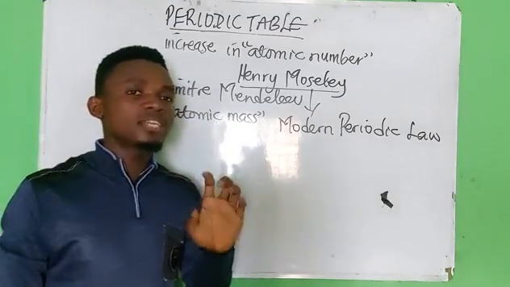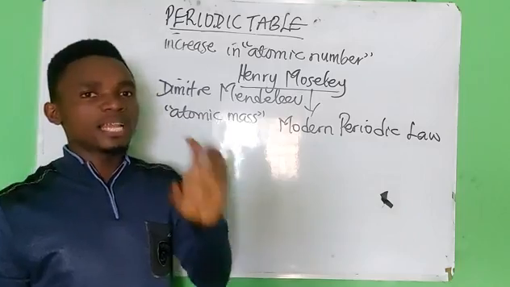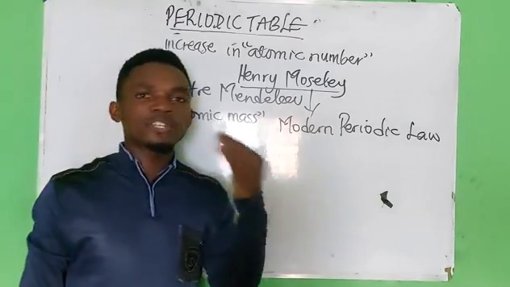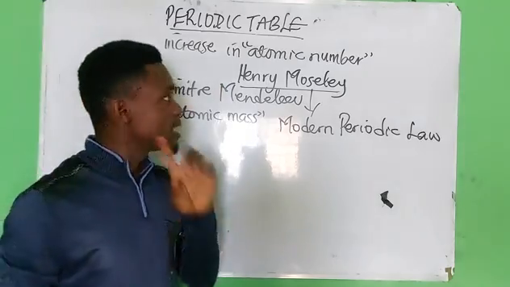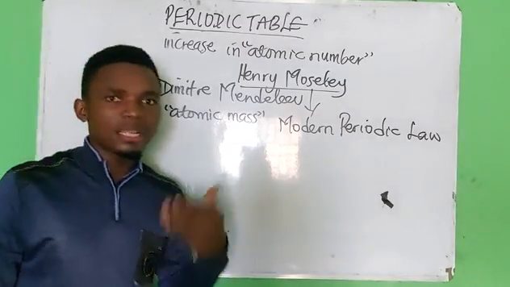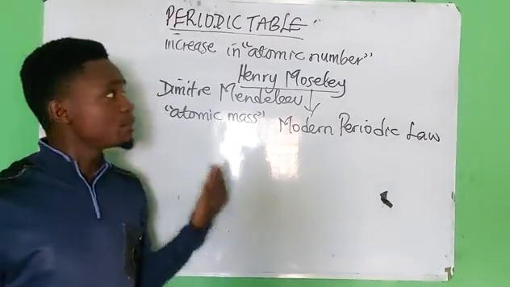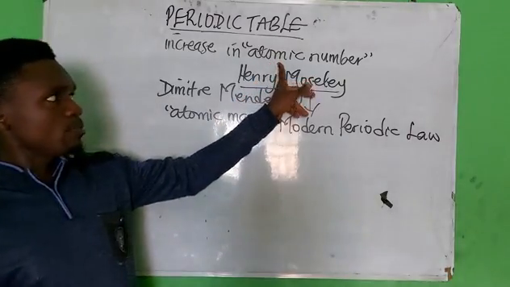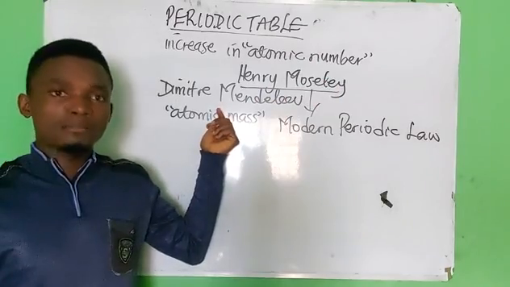Take note that electrons are responsible for the chemical properties of an element, while the neutrons are responsible for the physical properties of an element. Elements are systematically arranged in the periodic table based on increase in atomic number, and not based on increase in atomic mass.